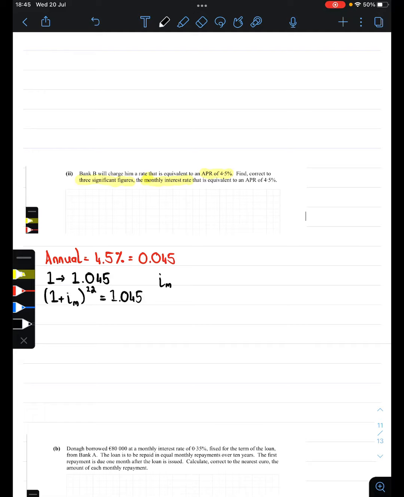Now we have one variable that we do not have and everything else is here. So we're going to take both sides to the power of 1/12, because we want to get IM by itself. This is kind of the same thing as squaring a square root. So 1 plus IM to the 12, and this whole thing to the 1/12, equals 1.045 to the 1/12.